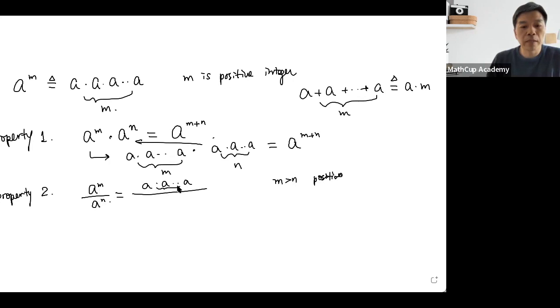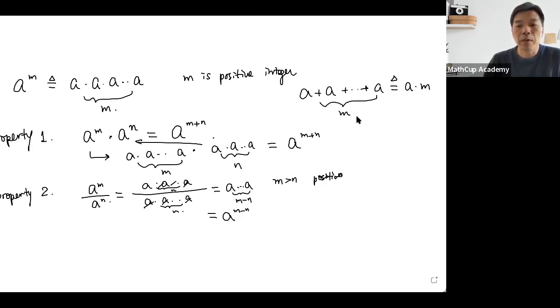I'm going to put the m a's here. And a to the power n is a times a times a, n a's multiplied together. Since we have more a's in the numerator than the denominator, we're going to cancel all those n a's from the numerator. We still have a bunch remaining. How many remaining? It will be a times a, like that, m minus n a's multiplied together. So by the definition, this equals a to the power m minus n.